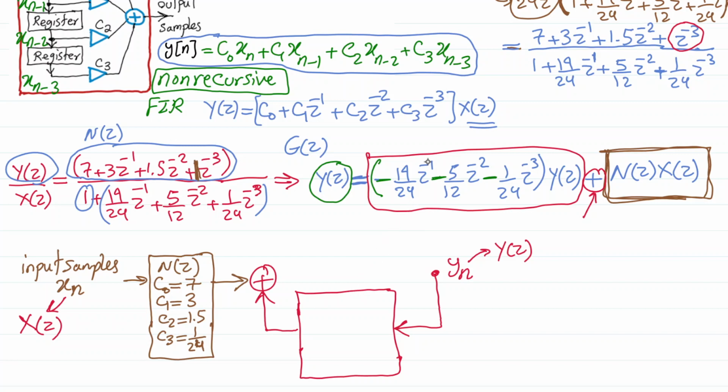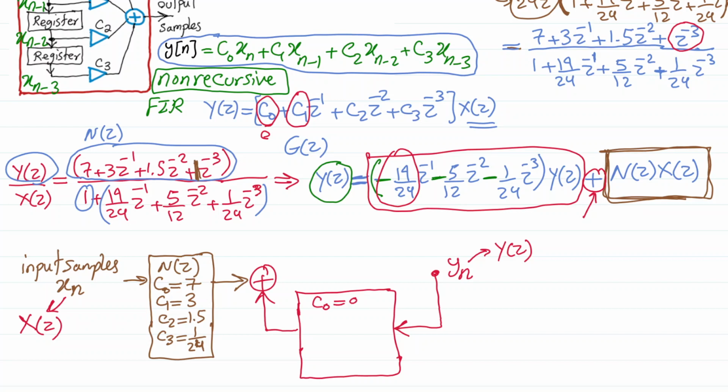And you can see that to map this whole thing to what the chip can do, C0 has to be 0 because we are not having such a coefficient here. But then C1, which is the coefficient for z minus 1, is negative 19 over 24. So I'm going to write it here.